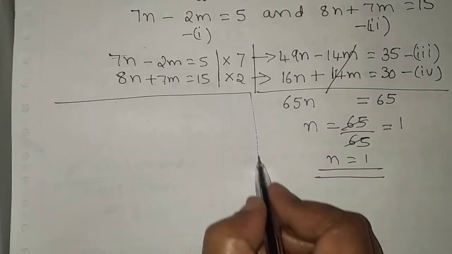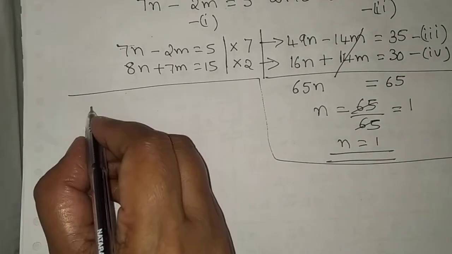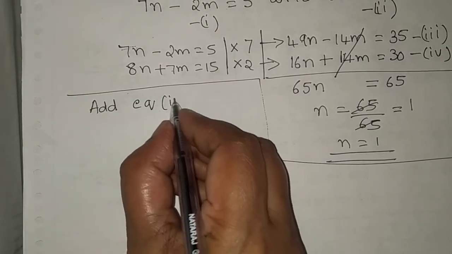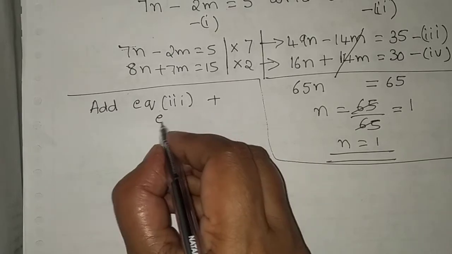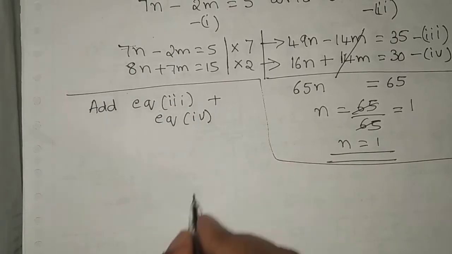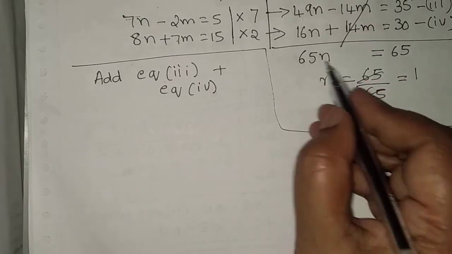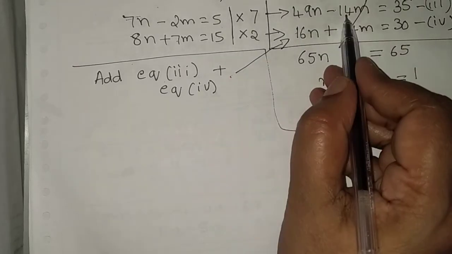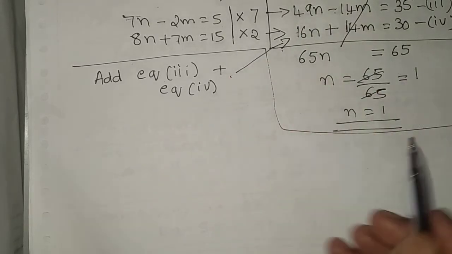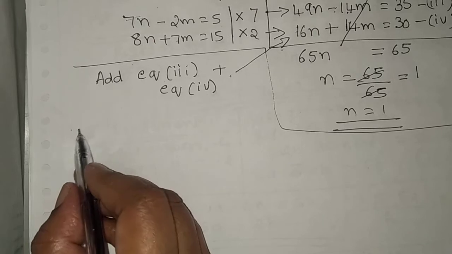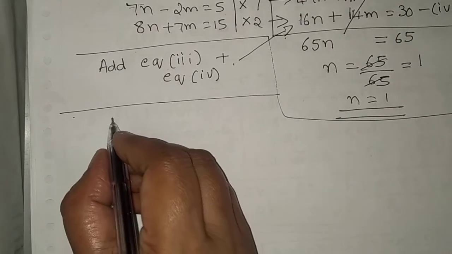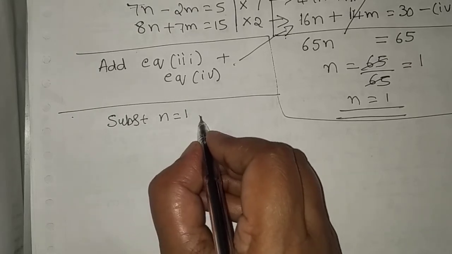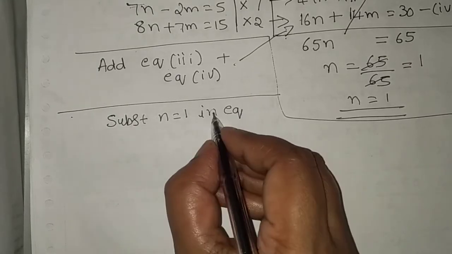So after this, we have to add equation 3 plus equation 4. Adding equation 3 plus 4, after multiplying we are getting this, then we get n is equal to 1. So we finish this. Now substitute n is equal to 1 in equation 1.